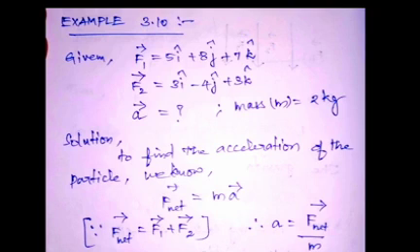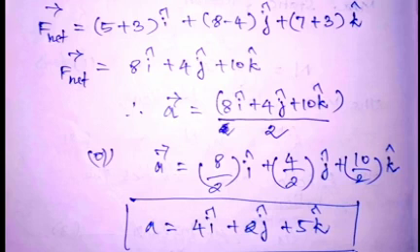Therefore the total net force is equal to F1 vector plus F2 vector, and substituting these values in the equation, we get F total force is equal to 5 plus 3 i cap plus 8 minus 4 j cap plus 7 plus 3 k cap.